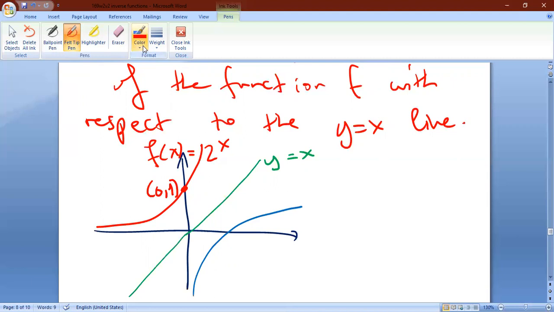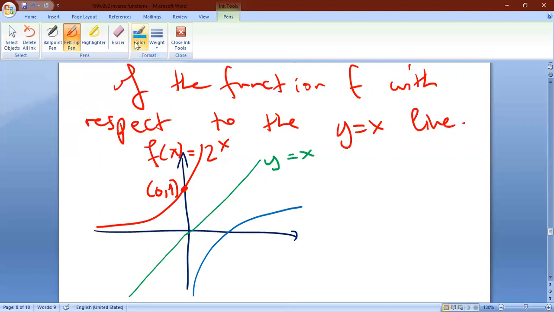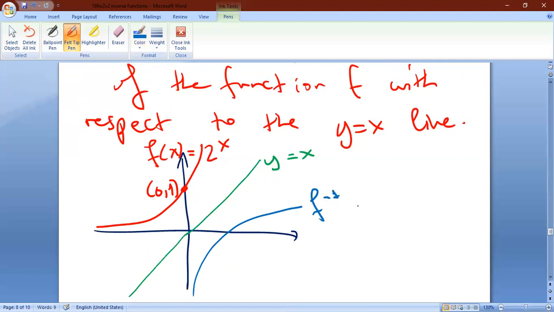And if we take the log function, this is f inverse, which is log base 2 of x. At this point here, if you give x equals 1, log base 2 of x will give you 0.